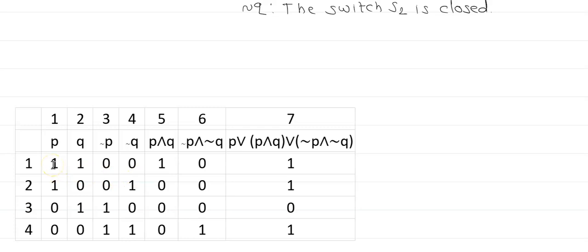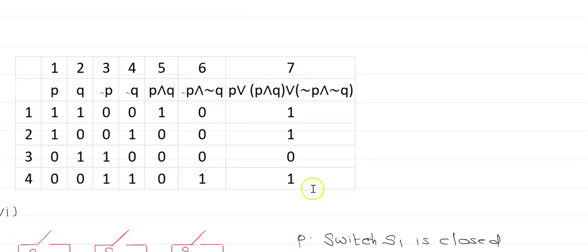The first is 1 or 1 or 0 is 1. And the next is 1, 0, or 0, which is again 1. What about here where we get the 0? We'll check here, 0, 0 and 0 is a 0. And in this way, we can get the truth table for the given circuit.